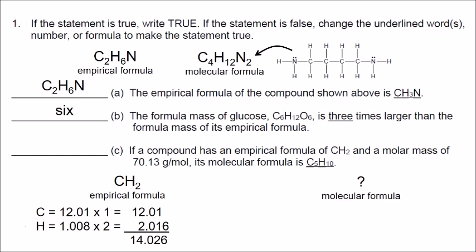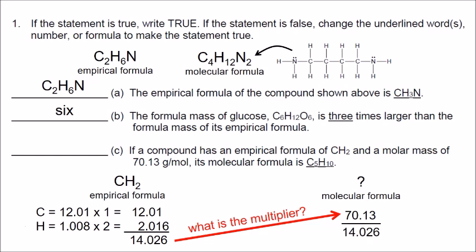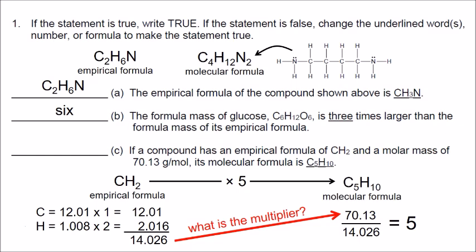The molecular formula is unknown to us at the moment, but its molar mass is 70.13. So what's the multiplier to get from 14.026 to 70.13? If we divide the molar mass by the empirical formula mass, that works out to be 5. So therefore, multiplying the empirical formula by 5 gives us a molecular formula of C5H10, so statement C is true.